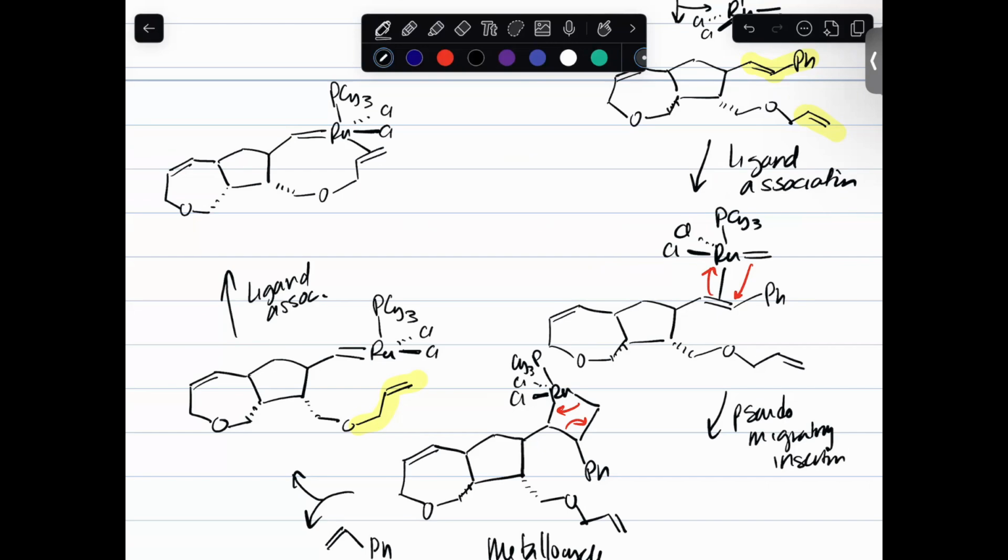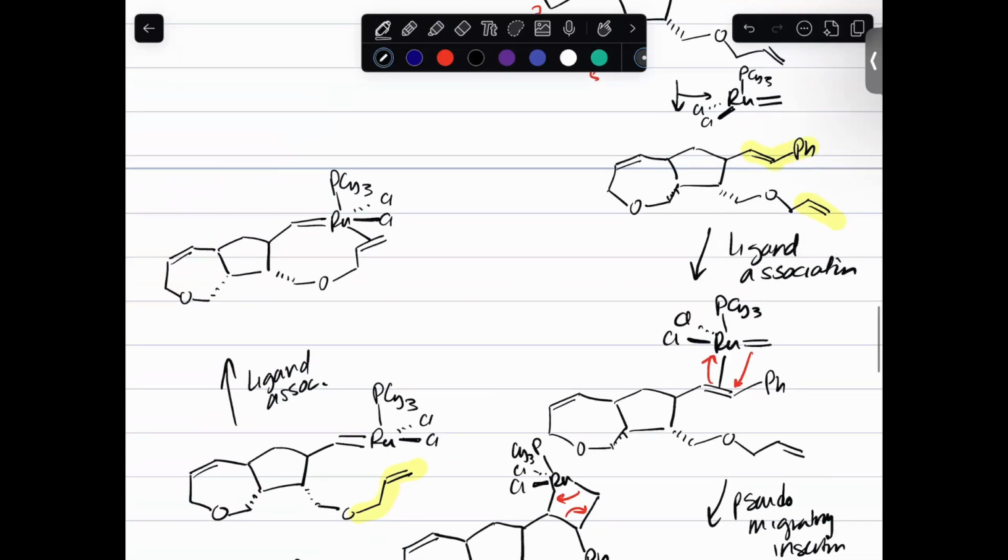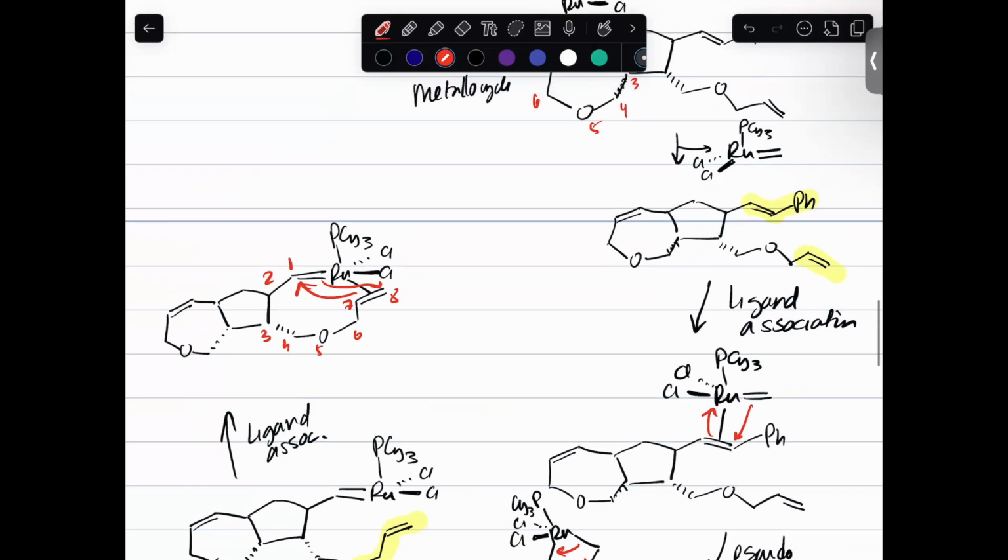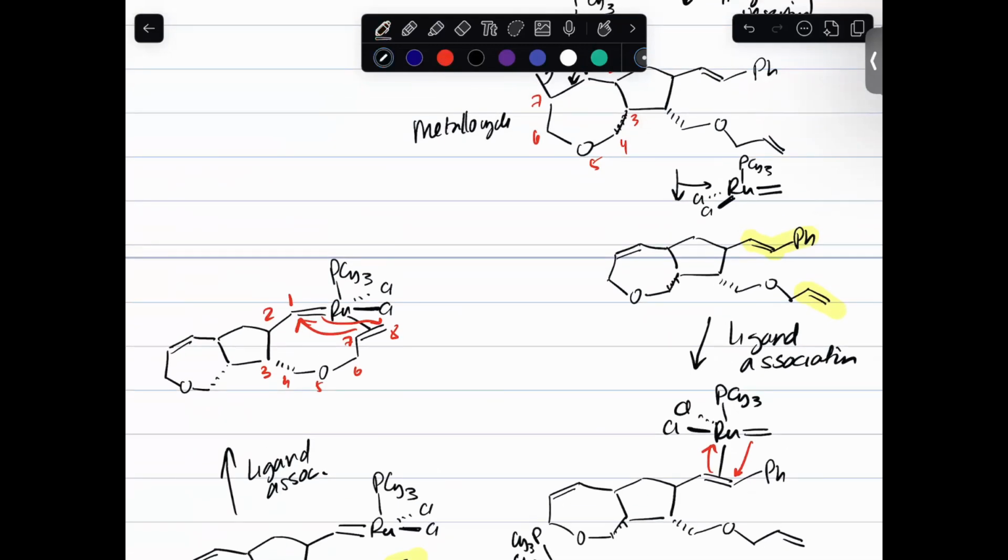So there's my ligand dissociation. I do my migratory insertion. Again, let's count our atoms to make sure that we're forming a 7-membered ring. And it looks like we are. Carbon 1 and carbon 7 are the ones that are going to form the bond together. And so I have formed my second 7-membered ring.